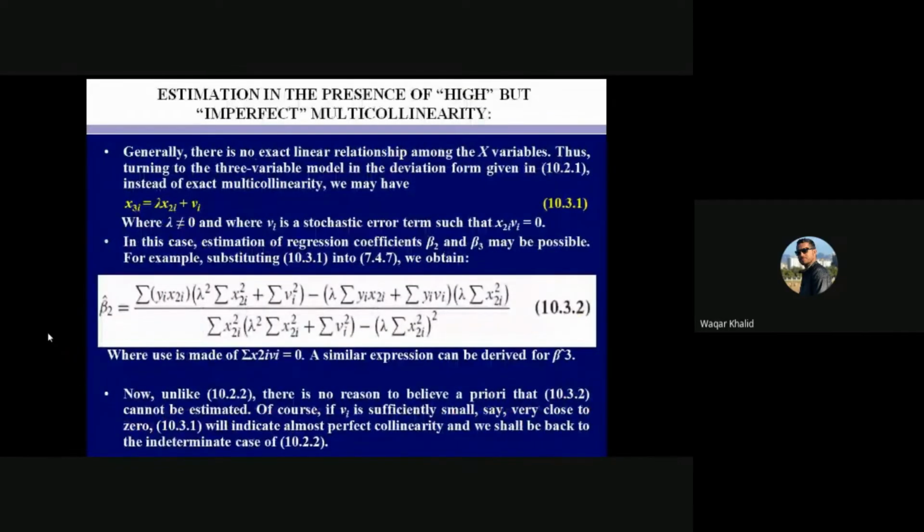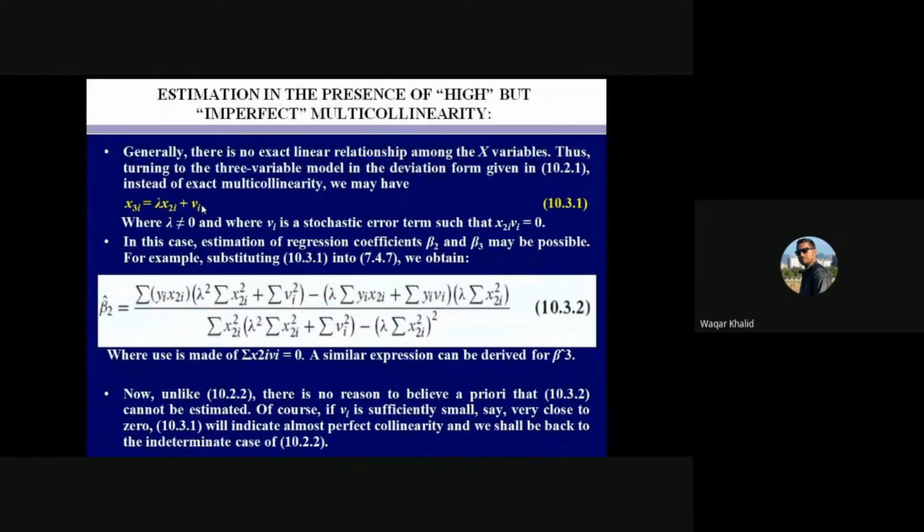But in this case, we are adding the vi term. Look at equation 10.3.1. Now you are including this term. At the moment, we don't have the case of perfect multicollinearity because we are adding the vi term, the stochastic disturbance term.